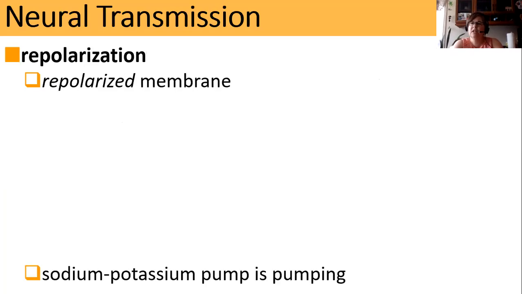All right, so now we get to this last state of the neuron, and that's called repolarization, okay? So we say that this membrane is repolarized, but really when we think about repolarized, this is a continuum. So let me explain using my analogy of the wave, okay? Here's me polarized, my hands are at my side.